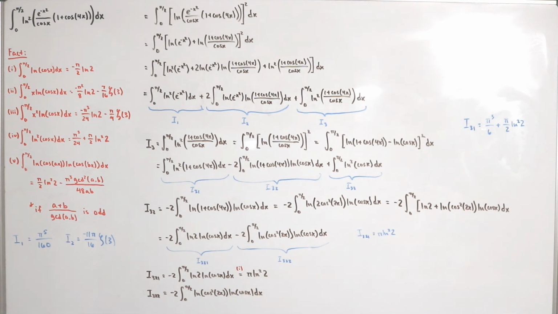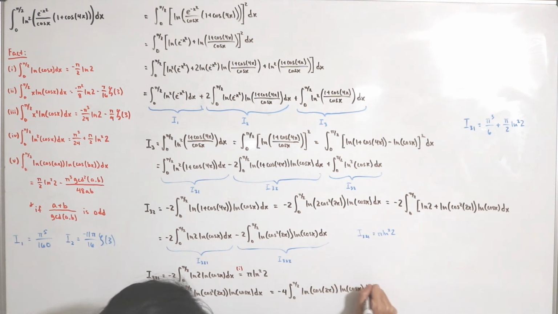Now we could just use our rules of natural logs. Since there's a square inside this log, we can move it outside using natural log rules. So then we have negative 4, and then same as before, ln of cosine of 2x, and then multiply by ln of cosine x dx.